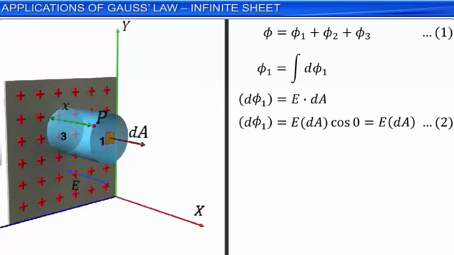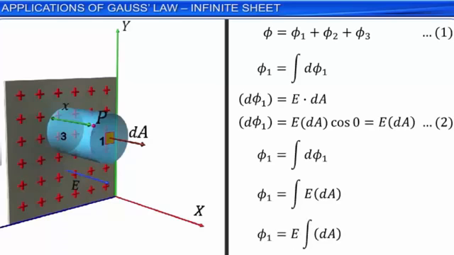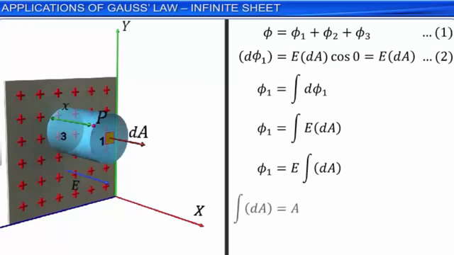Now, phi 1 is equal to integral E dA. Since E is a constant, it is taken out of the integral. Then, phi 1 is equal to E into integral dA. Integral dA is equal to A, where A is the area of S1.